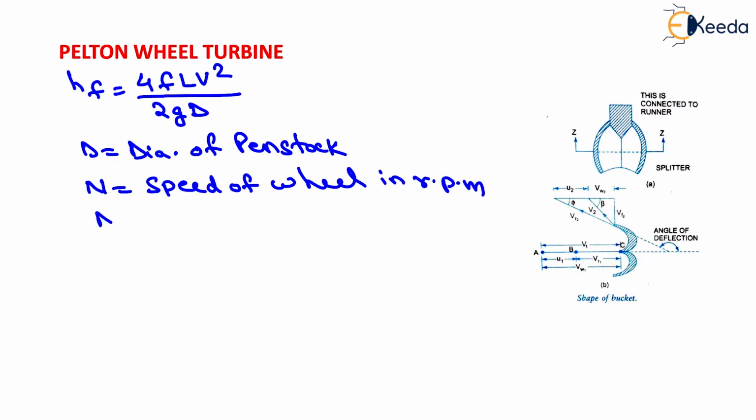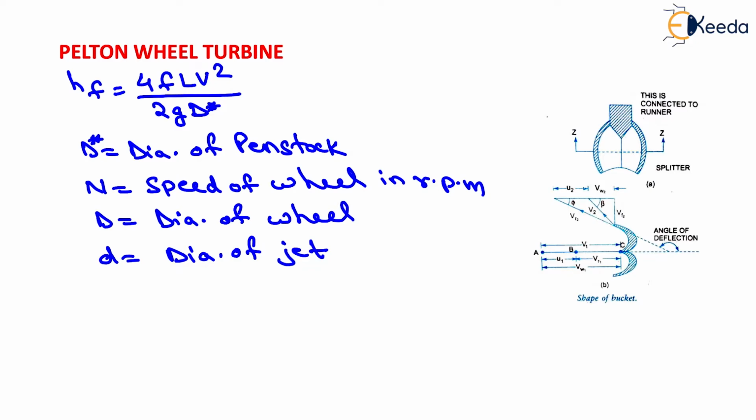To differentiate the diameter of the wheel and the diameter of the penstock, the asterisk will denote the diameter of penstock, capital D will be the diameter of the wheel, and small d will be the diameter of the jet.